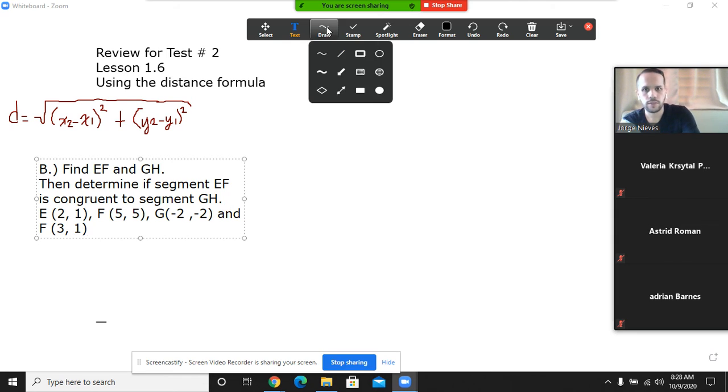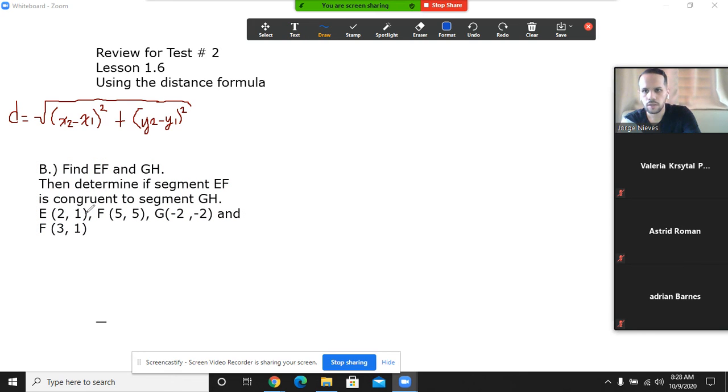So we're going to do the same thing. We're going to find the distance for EF. Let's start with EF. We have the coordinates: E has coordinates of 2 and 1, and F has coordinates of 5 and 5.